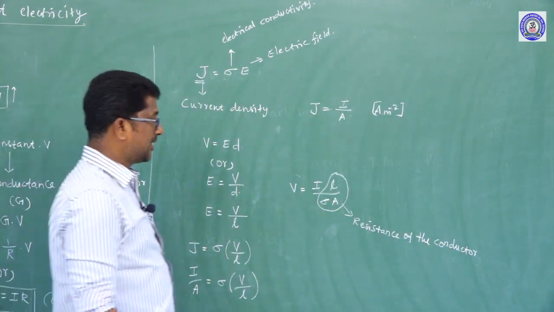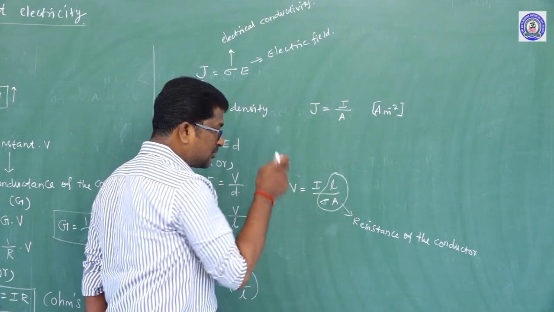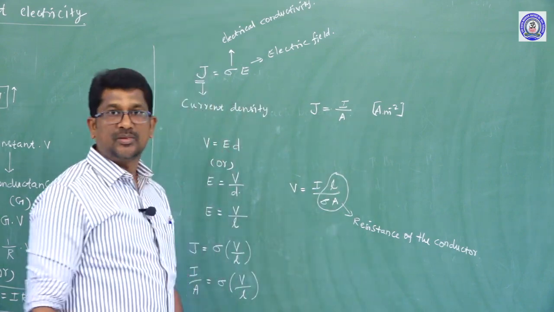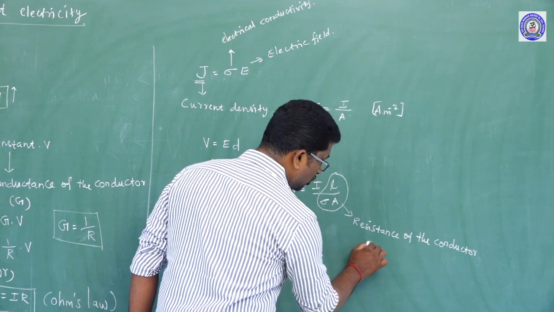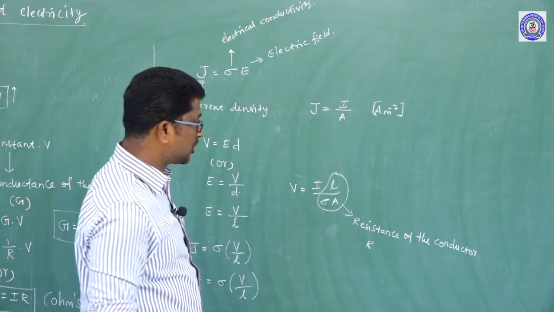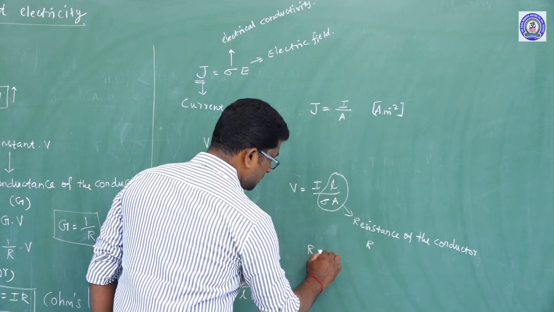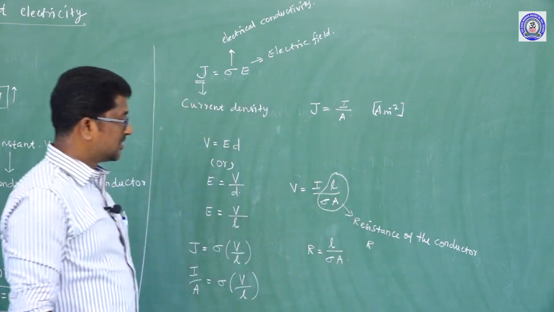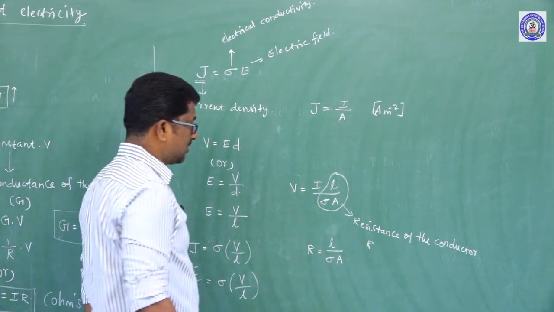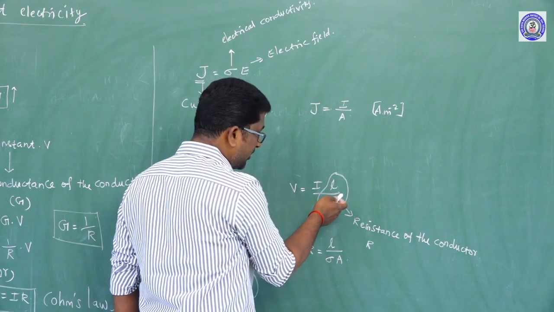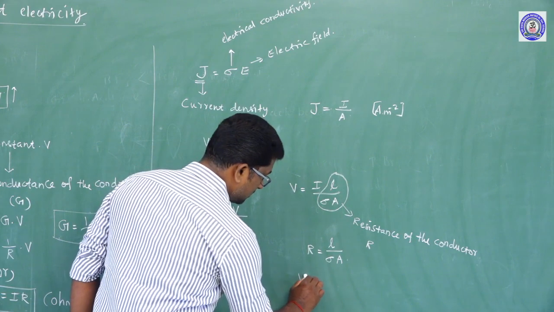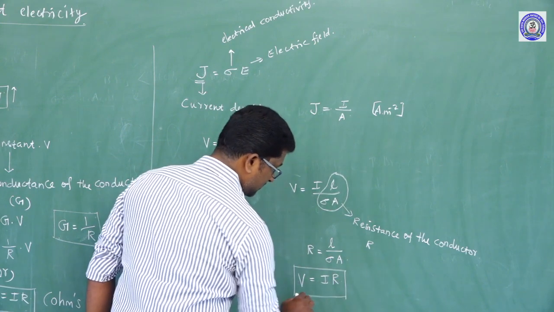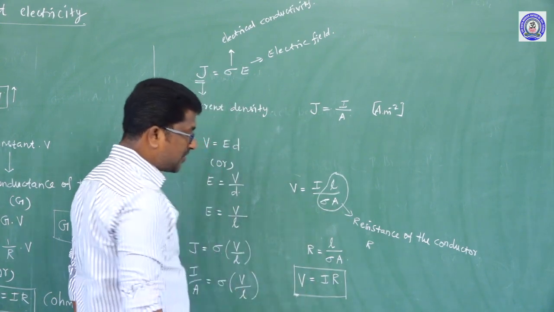The resistance of the conductor is denoted by capital R. So R equals L divided by sigma into A. Putting R instead of L divided by sigma into A, this equation becomes V equals IR. So this is Ohm's law, or the macroscopic form of Ohm's law.